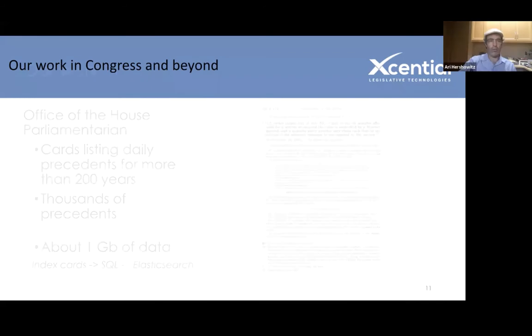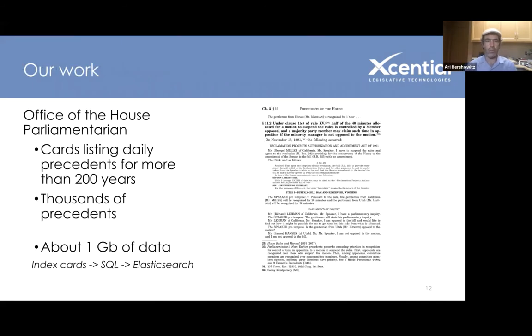So where are we working? Where have we worked? I got started with Elasticsearch in our work for the Office of the House Parliamentarian. Their basic work is to collect the precedent, the rule that is decided for Congress on any given day. I show an example on the right, but there are hundreds, actually thousands of these precedents that have been collected since the beginning of Congress.